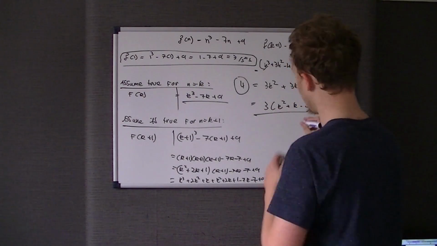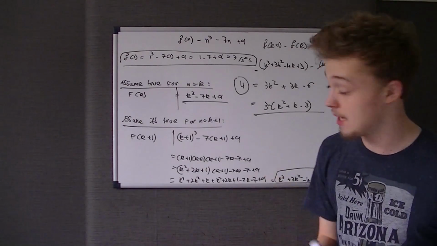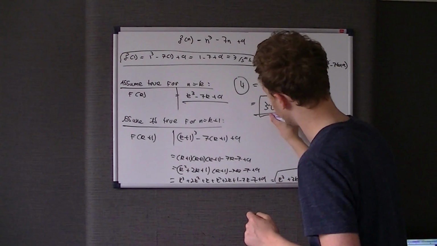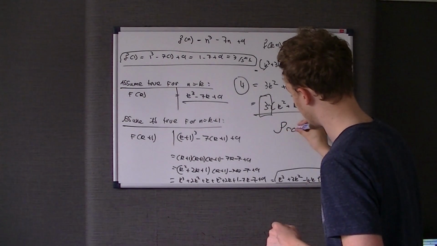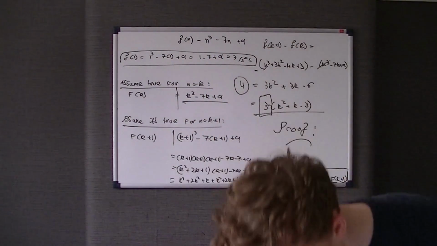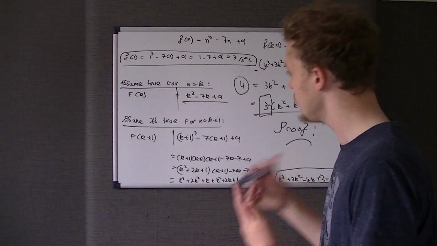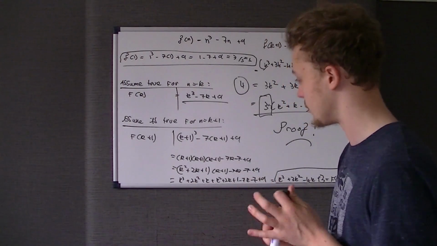Because it's 3 times all of that, it's therefore divisible by 3, and you would say therefore that is your proof. That is your answer for proving that the equation produces numbers which are divisible by 3.